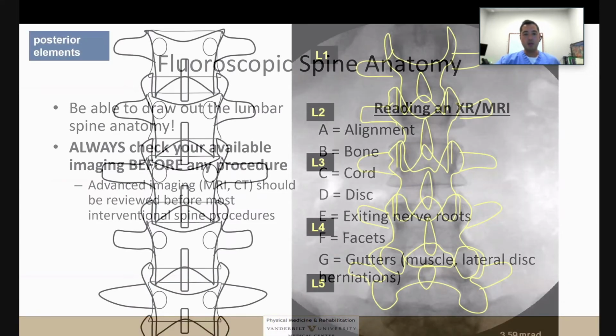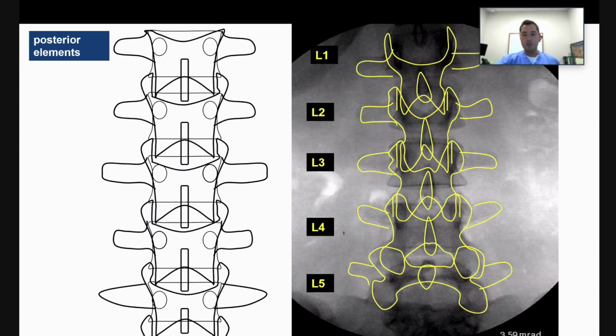So here's a prime example. When you're in the fluoro suite and you're looking at someone in what we call the AP view or PA view, you can look at different elements. So what are we looking at here? Here's a drawing on the left and the outline under fluoroscopy. In the center, you have the spinous process. It looks like a teardrop. On the sides, you have the transverse process.